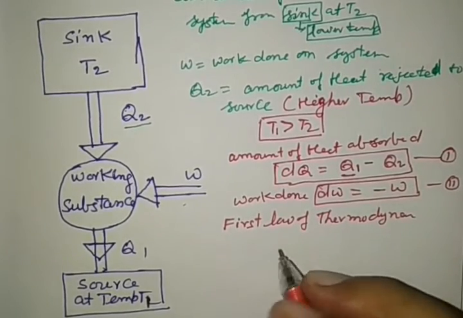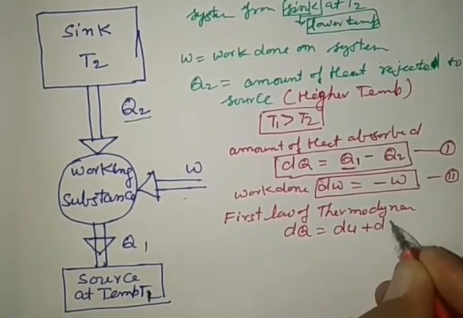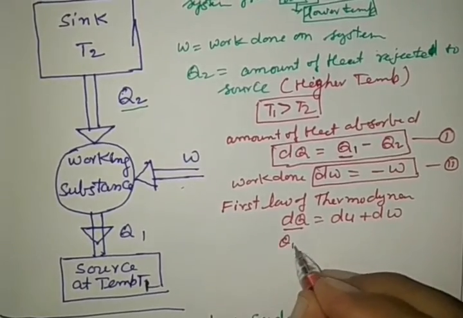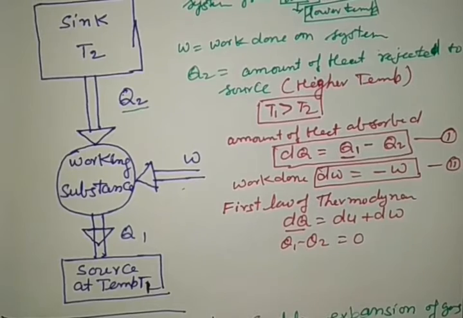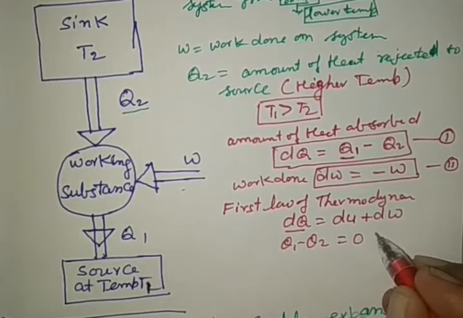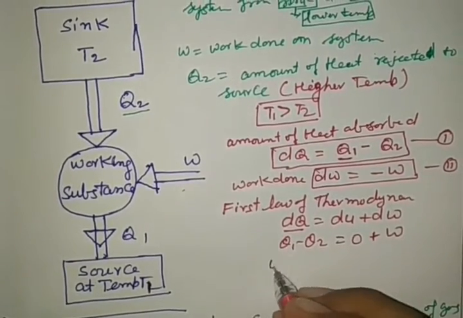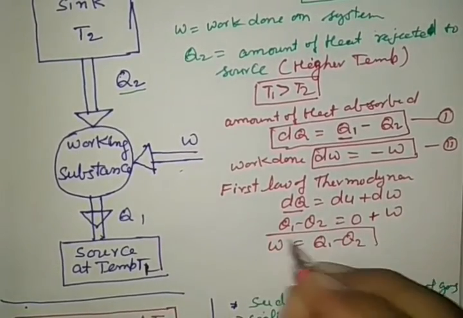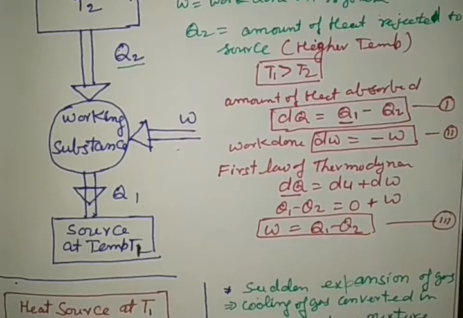What is the first law of thermodynamics? dQ amount of heat is equal to dU plus dW. dQ amount of heat is Q2 minus Q1. Change in internal energy is 0. Then the amount of work done here is minus W. So we may write the equation W is equal to Q1 minus Q2. It is represented by equation number 3.